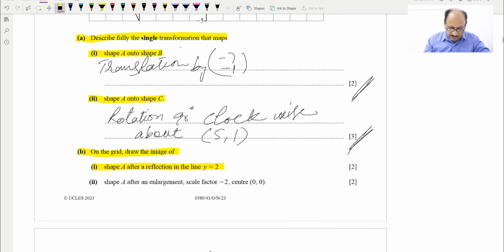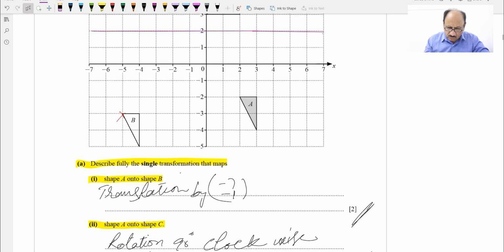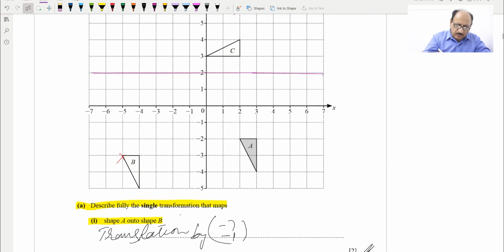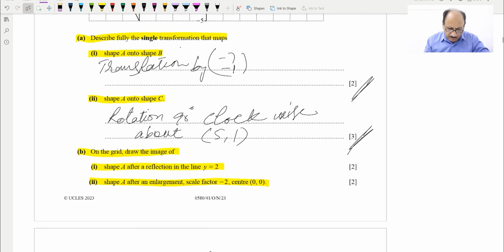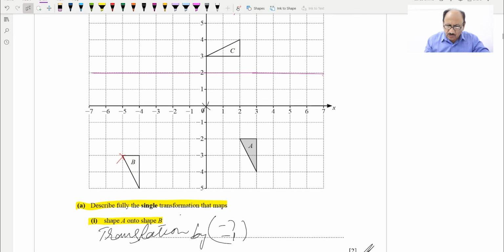This is done. Then the second part says shape A after enlargement scale factor -2, center is 0 0. So center is 0 0, it means about the origin, and enlargement scale factor -2 with the shape A. So shape A we need to enlarge. So we can take the coordinates of these 3 points and multiply.